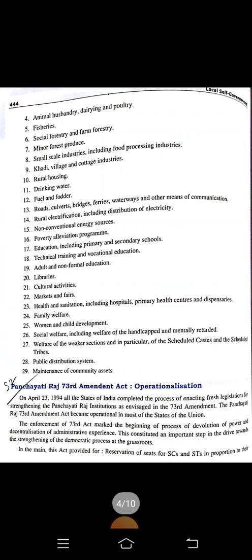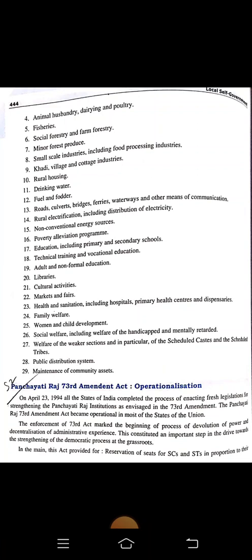Next, we are looking at Panchayati Raj under the 73rd Amendment Act. On April 23rd, 1994, all the states of India completed the process of enacting fresh legislation for strengthening the Panchayati Raj system.